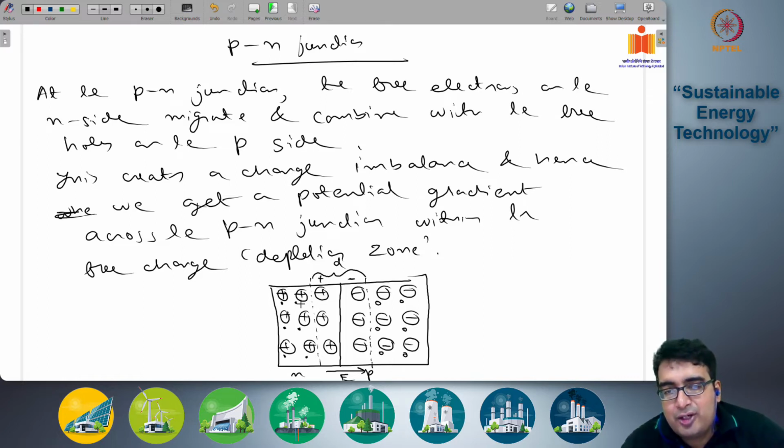Okay. But here you have electrons on this side and holes on this side. So electrons will need to do work in order to move across this potential energy, and similarly holes. So this depletion zone and the corresponding potential gradient is what prevents the further migration of electrons and holes towards each other. So the migration basically stops once this potential gradient develops.